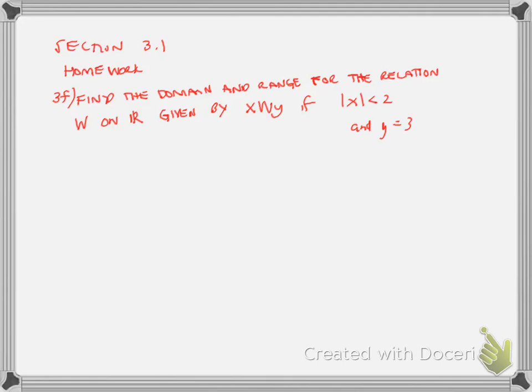Okay, so this is 3F, and it's asking us to find the domain and range for the relation R given by x R y if the absolute value of x is less than 2 and y is equal to 3. So it may be helpful here to draw a quick graph of what's going on. Now remember, from the definition of absolute value, it's the distance from the origin.